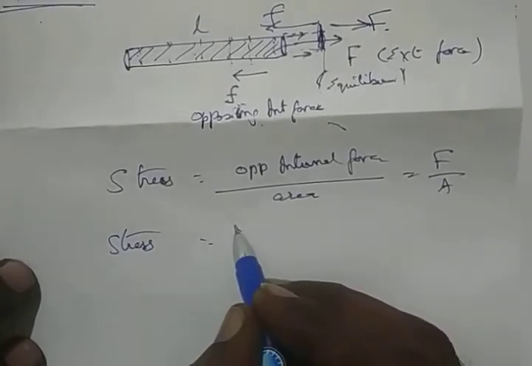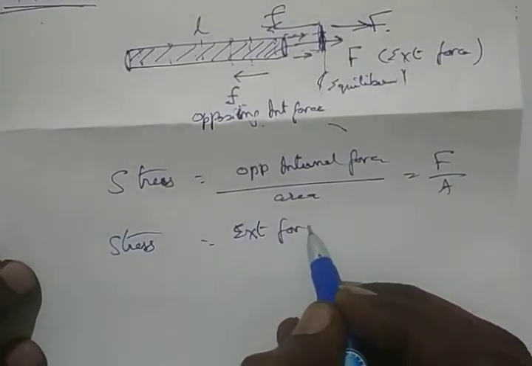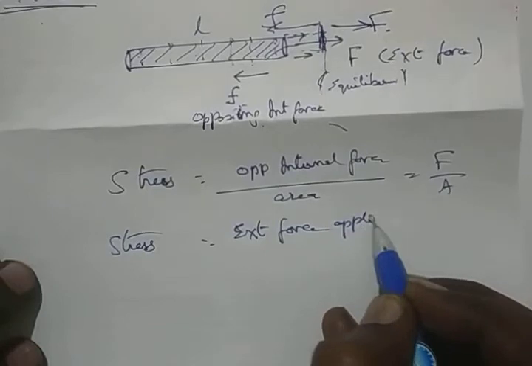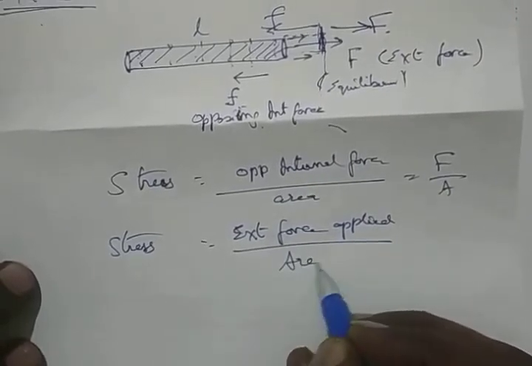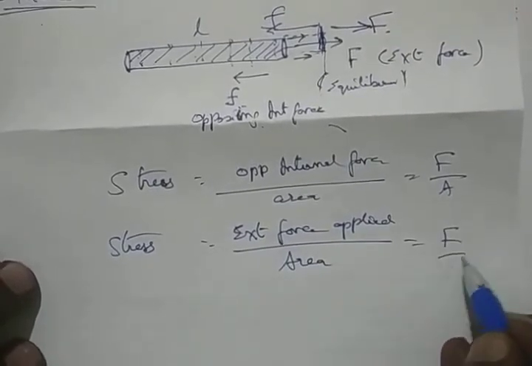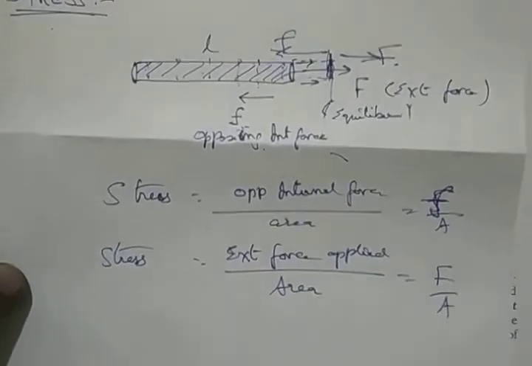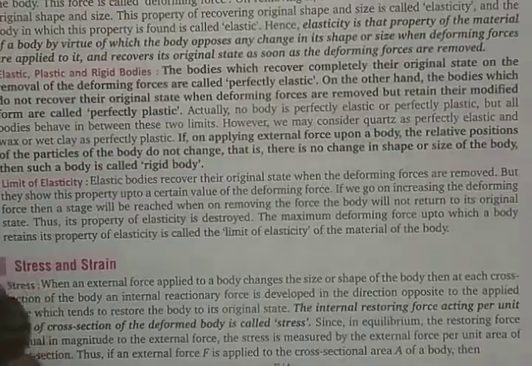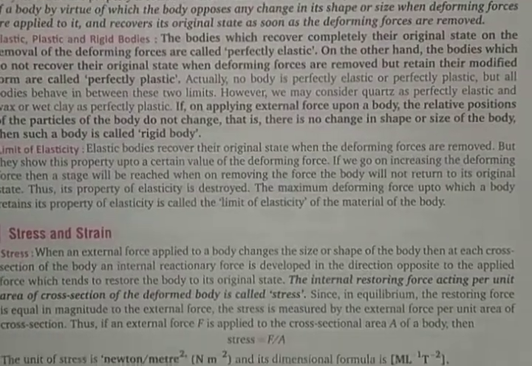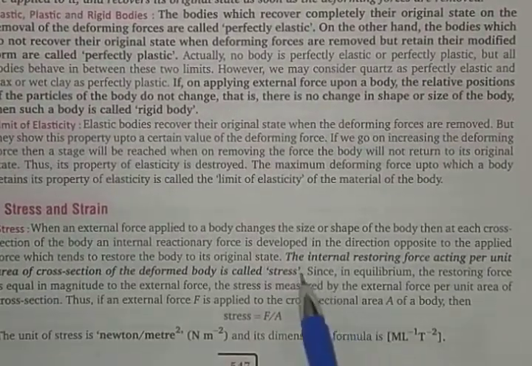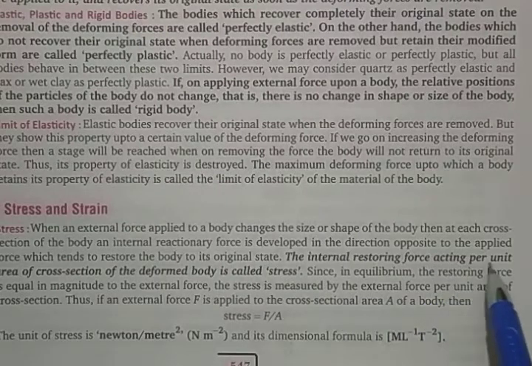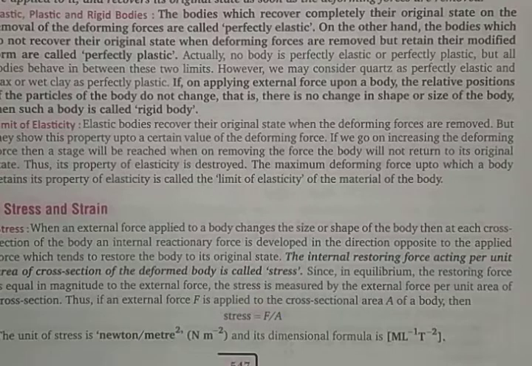So it's also called stress. It can be equal to the external force applied per unit area of cross section. That is also called F upon A. So this is small f upon A, and this is capital F upon A, also can be called. Let me read this one. The internal restoring force acting per unit area of cross section of the deformed body is called stress.